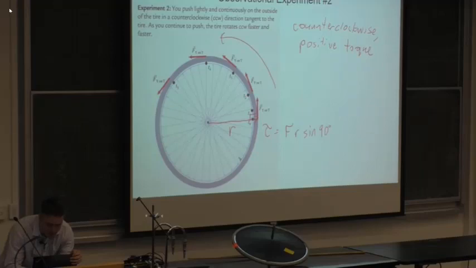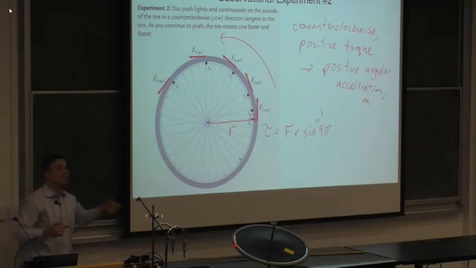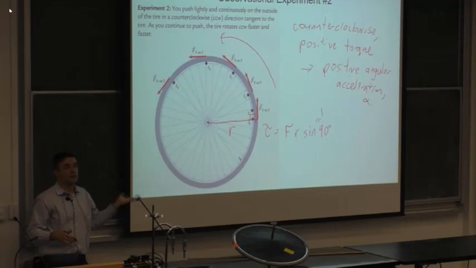And sine of 90 degrees is equal to 1, so just F times R. And this has got positive alpha, positive angular acceleration alpha. Not only has it got omega, it's moving, omega is also continuously increasing, getting faster and faster and faster as it spins.